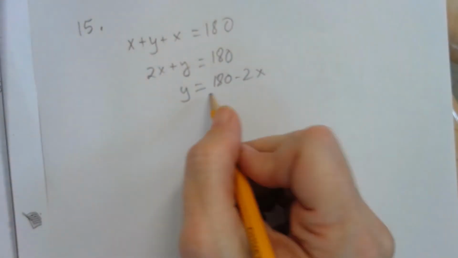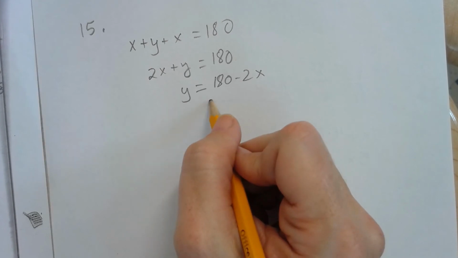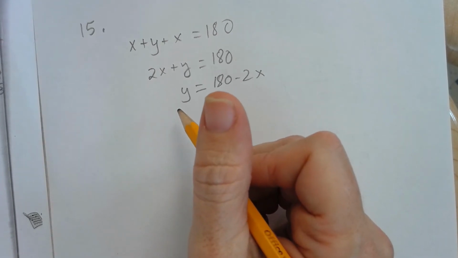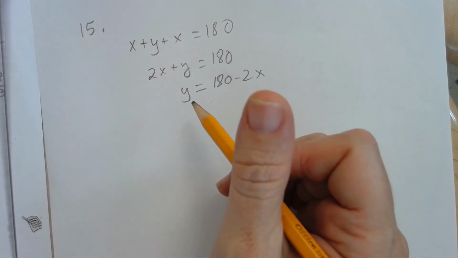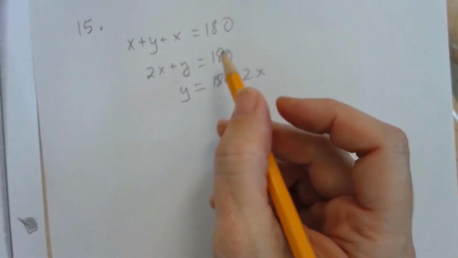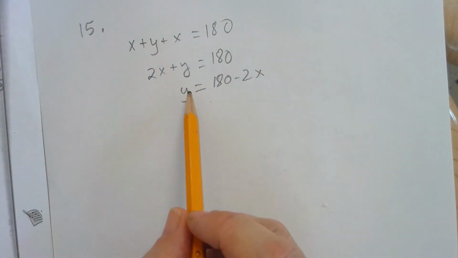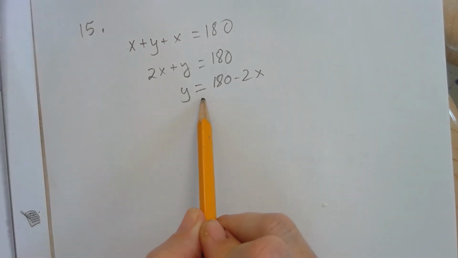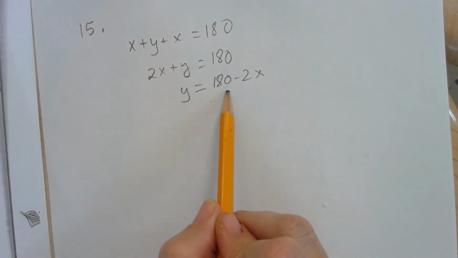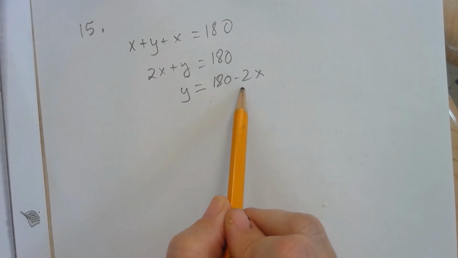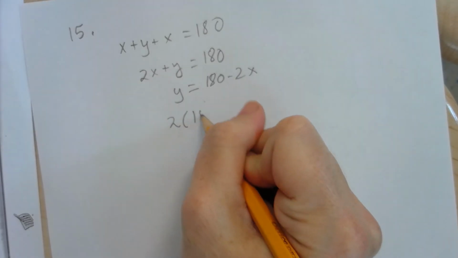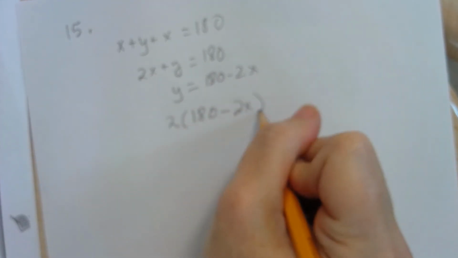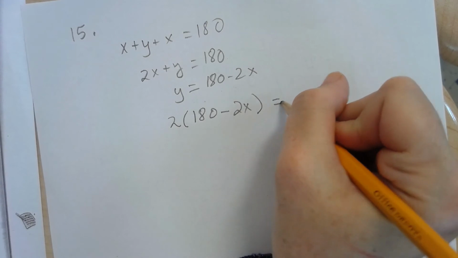So what I'm going to do is take this and say, okay, well, I know that if y equals 180 minus 2x, then 2 times 180 minus 2x is equal to x plus 180 minus 2x.